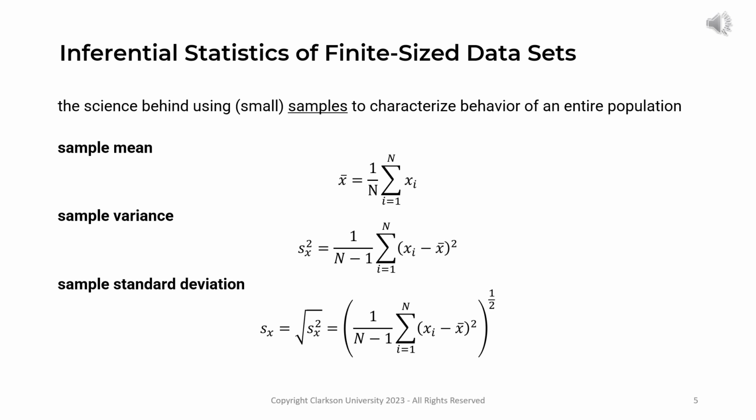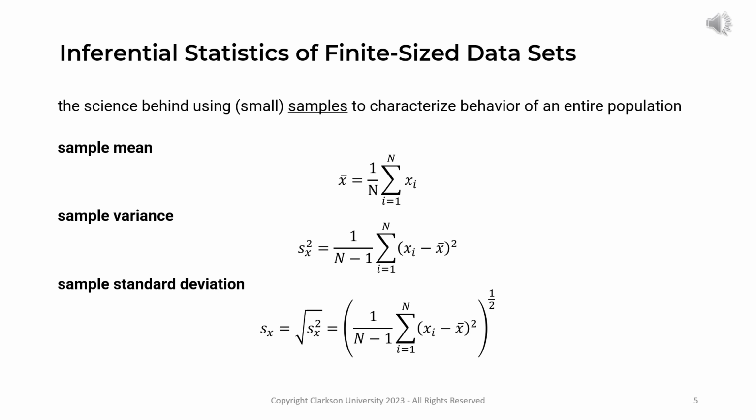Within the constraints imposed by probability, and if we assume a probability density function for the population, it's possible to estimate the true mean and true variance of the population of all the bearings from the statistics of a small sample. The science behind using the small sample to characterize the behavior of an entire population is called inferential statistics.